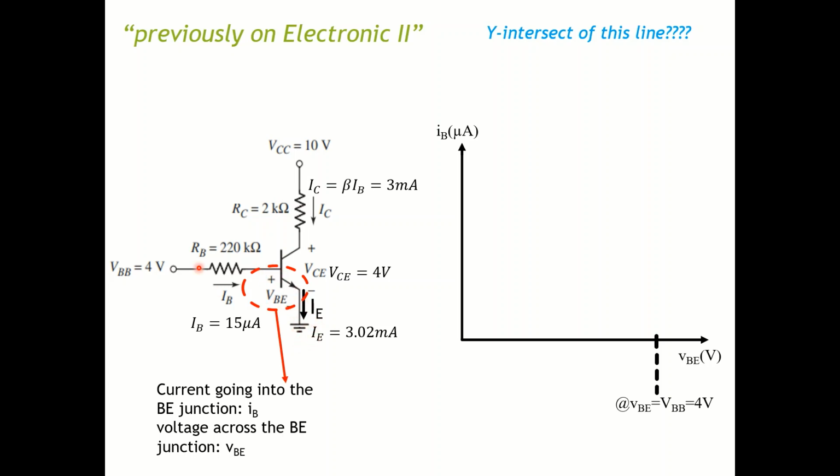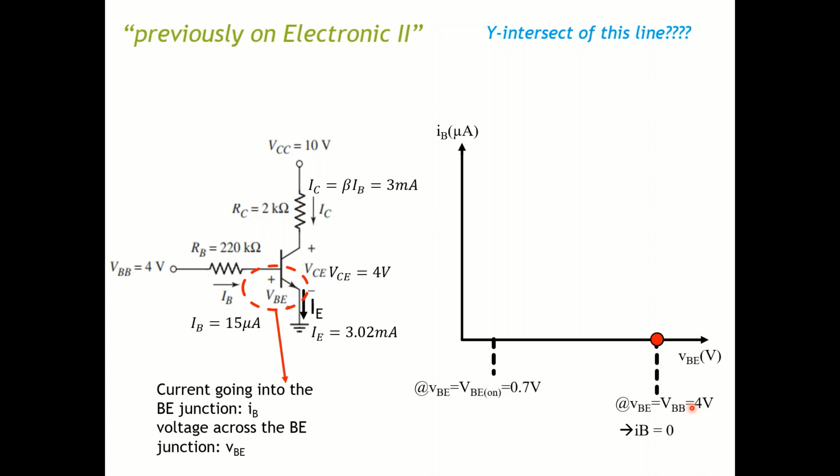So if I have two equal voltage levels, there should not be any current flowing through, right? So I can conclude that IB equals 0. To draw one point on this plot, I can put a dot on it. That means no current when the voltage is at 4 volts.